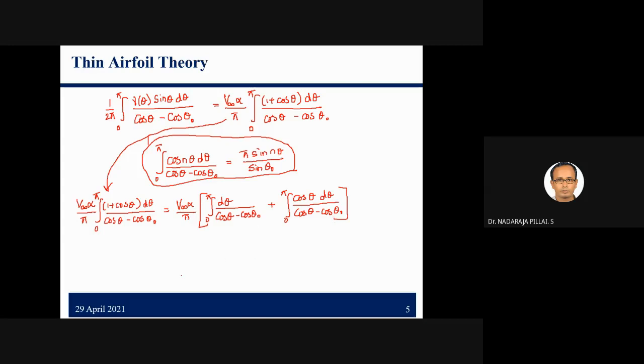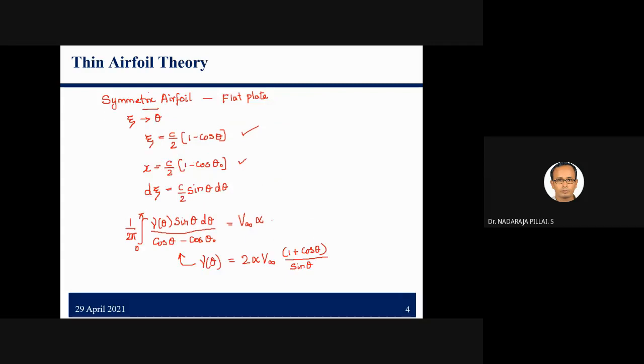So we can reduce this: the first integral becomes 0, and the second integral, with cos n theta and n equal to 1, becomes pi, so the pi cancels. So this is equal to V infinity alpha. Please note this V infinity alpha is what we have here.